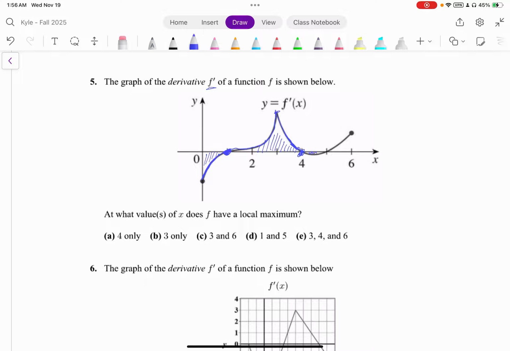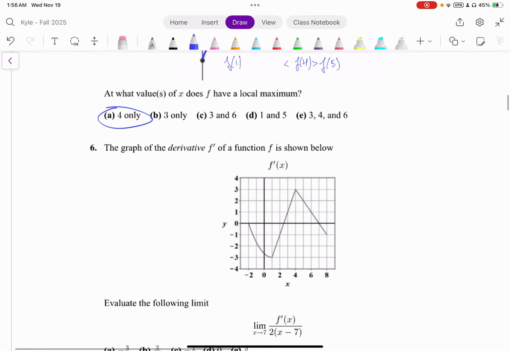Here we'll go along. We reach this value at 5, another 0, but we've accumulated negative area. So f of 5 is going to be less than f of 4, and f of 4 is going to be bigger than f of 1. Those are each of the possible candidates, so it looks like we're going to have a local maximum at 4 only.